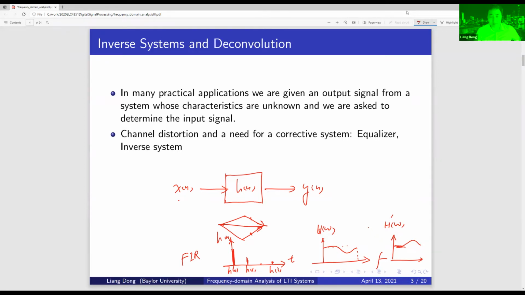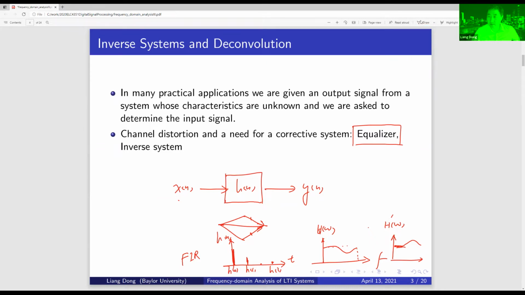And that's what an inverse system will do. Because it does that, we give it the name equalizer. We equalize the frequency components, make every component of the frequency part equal. It's evenly distributed, right? So that is an equalizer. We have many good uses of an equalizer, and many different ways we can deal with that.